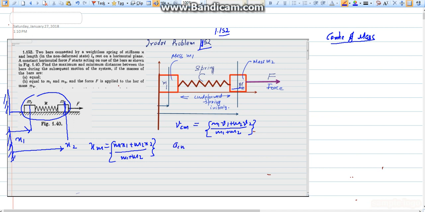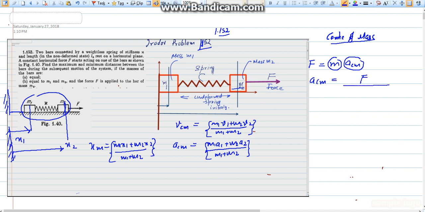We can get acceleration of center of mass is (m1 a1 + m2 a2) upon (m1 + m2). And we can also use the formula, force is equal to mass into acceleration of center of mass, where this is the total mass. So acceleration of center of mass here would be F, the force acting on the system, upon the total mass of the system, m1 + m2.